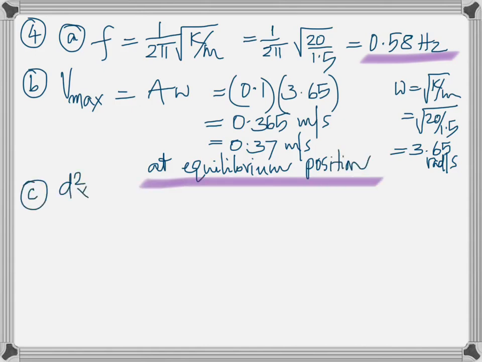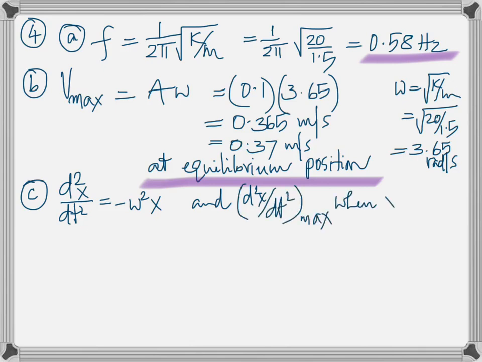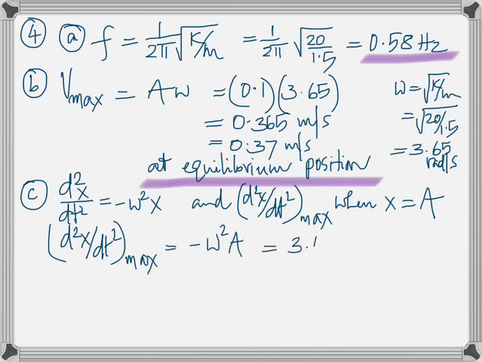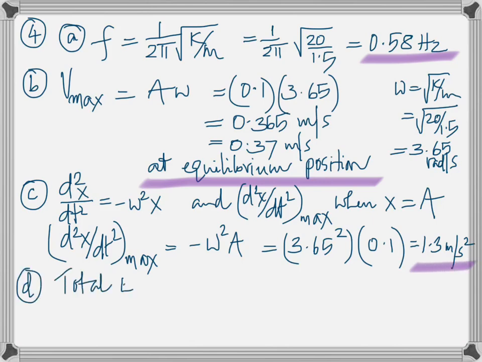And now the maximum acceleration is omega squared a. That's the maximum acceleration. It happens when the object is at the amplitude position. The negative sign just shows the direction anyway, so you get 1.3 meters per second squared as the maximum acceleration.